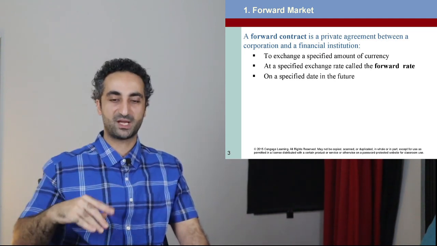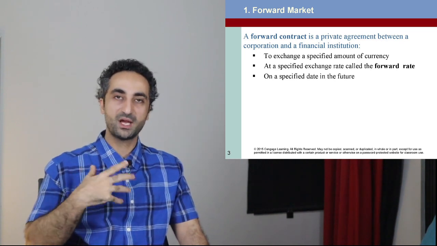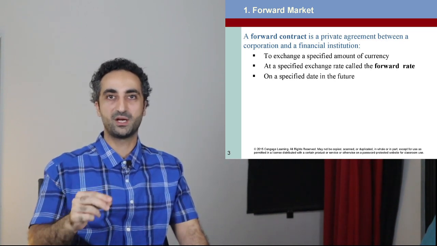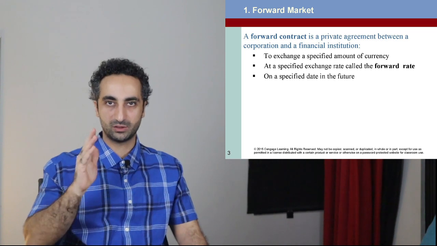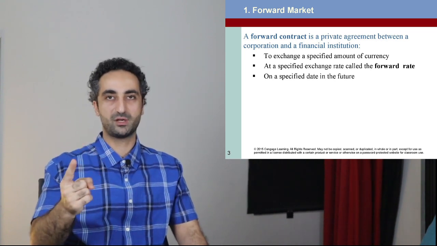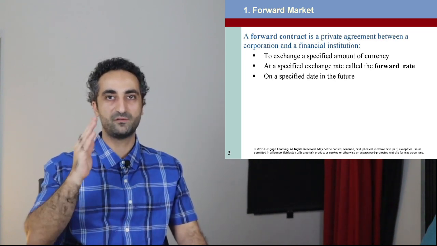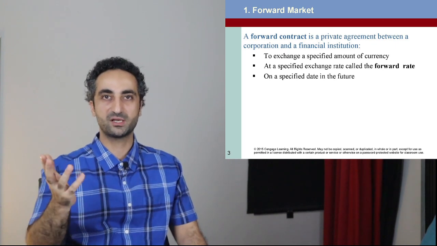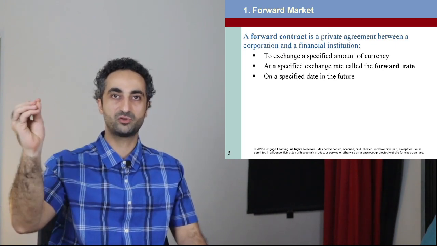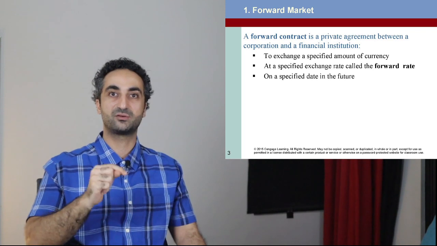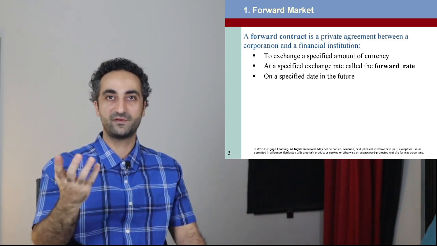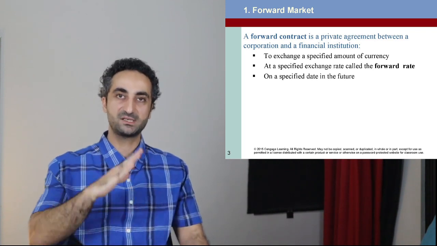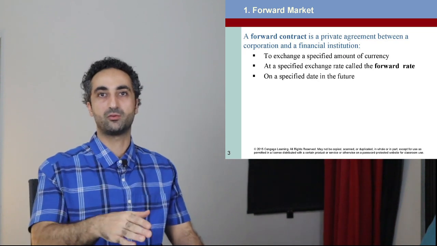Number 2, a specified exchange rate. Why am I doing this whole thing? I am entering this contract for one reason, right? I want to buy CPO from Malaysia. I don't want the price to be ambiguous in the future. I'd like to fix it right now. How can you fix it right now? Fix the rate. So let's fix the exchange rate right now.